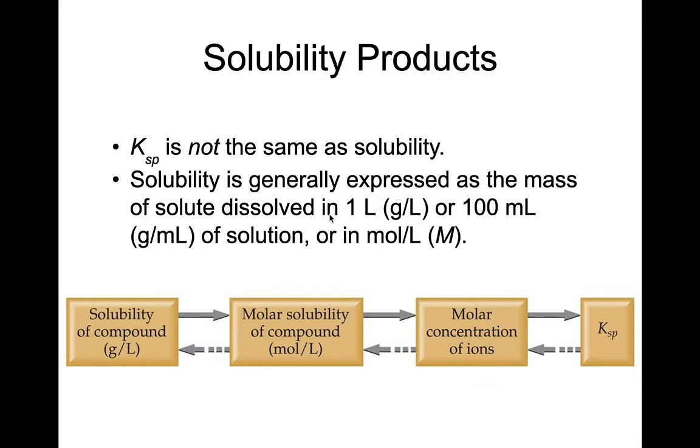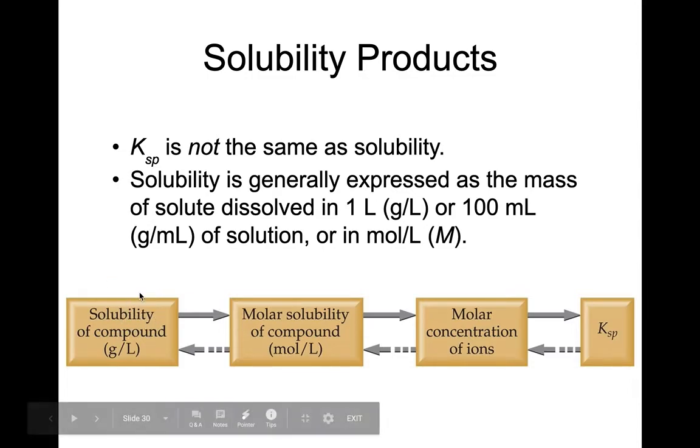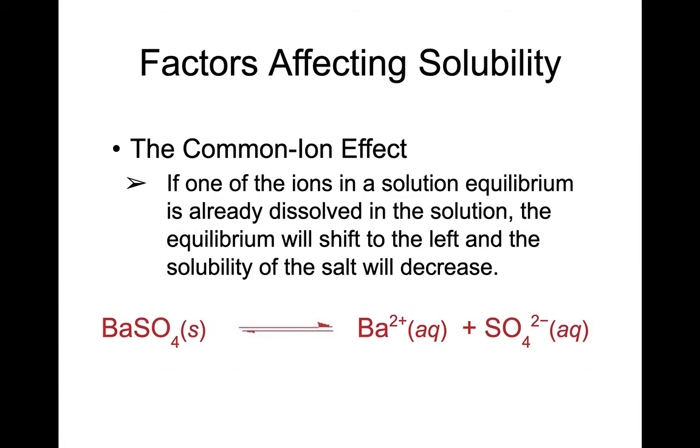So for example, it would be expressed in grams per liter or grams per milliliter or in moles per liter, an amount that can be dissolved per liter. However, if we know the solubility of a compound, either in grams per liter or moles per liter, we can use that along with the solubility product constant to solve for the molar concentration of ions in our solution. We'll take a look at that.